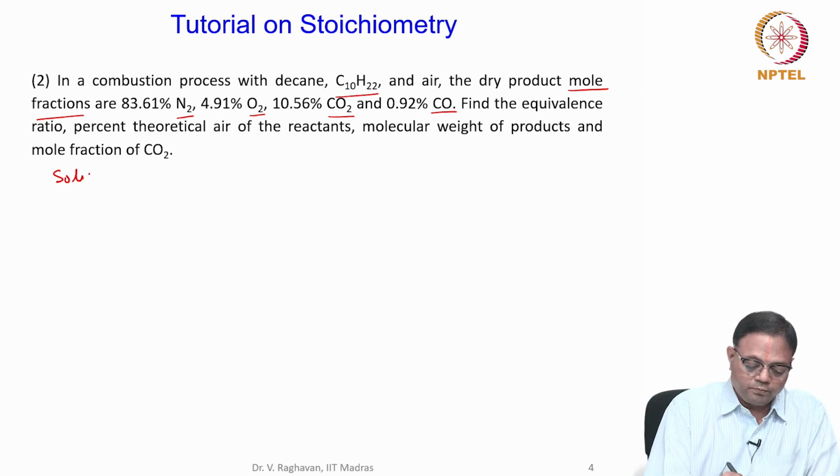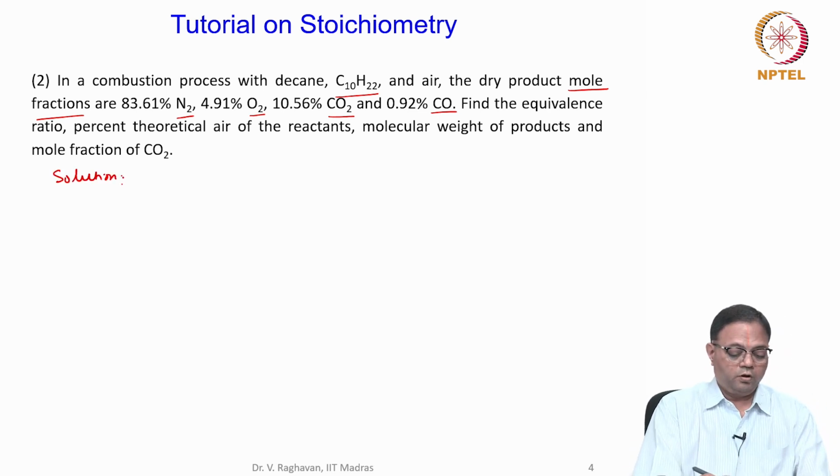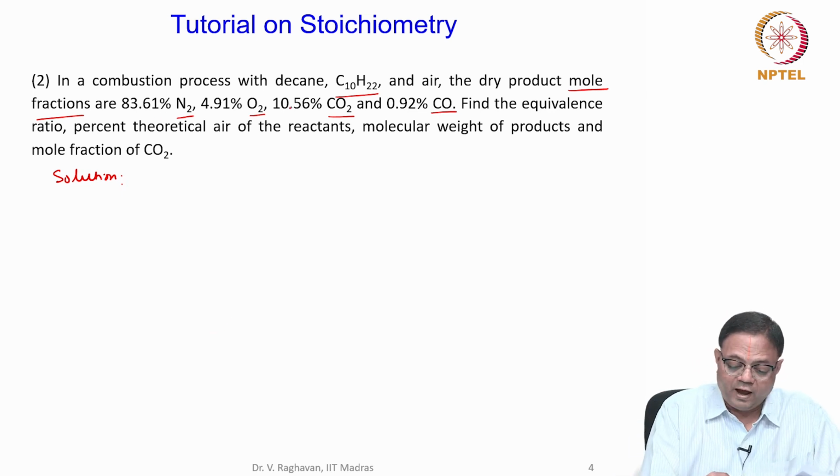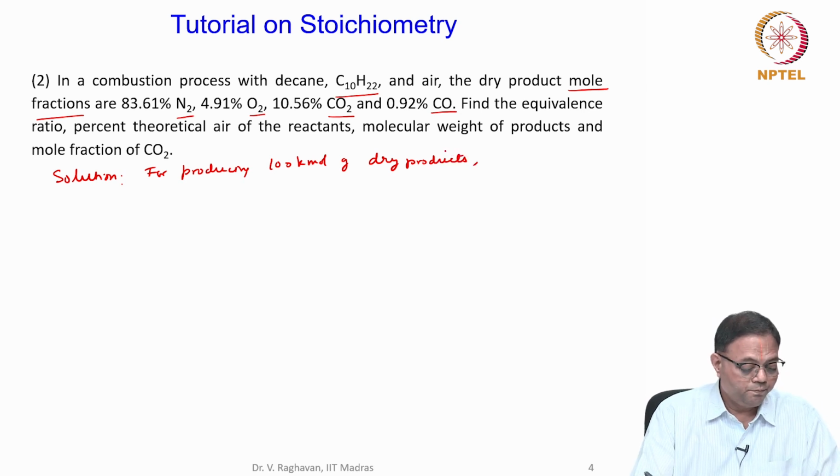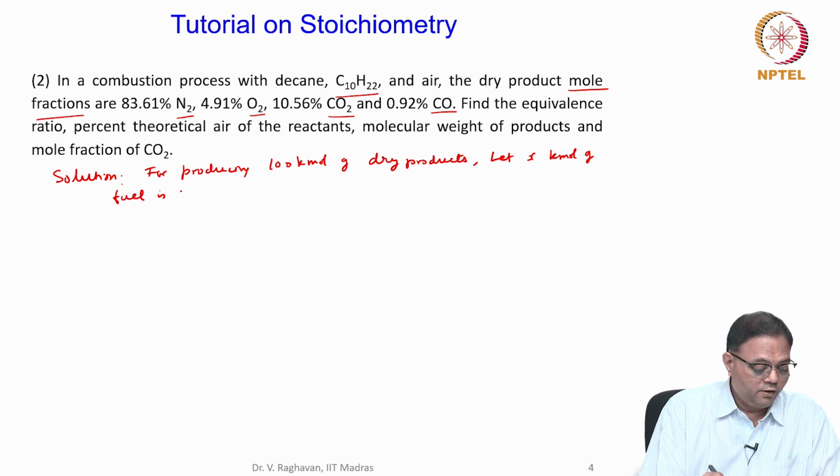So, solution. Okay, I know that. So, if you add these fractions, it will come to 100. So, for producing 100 kilomole of dry products, let us say x kilomole of fuel is burnt.